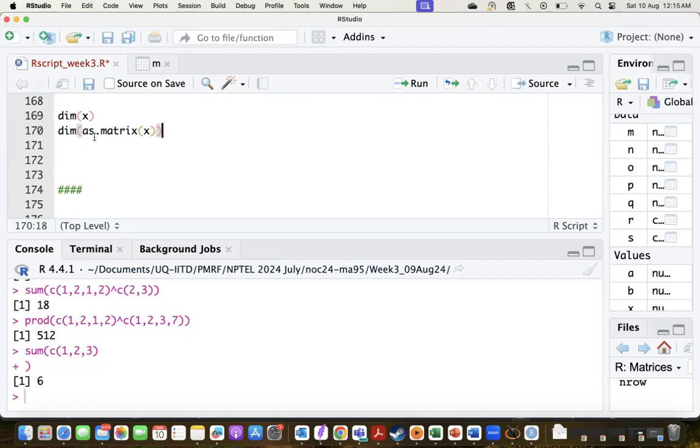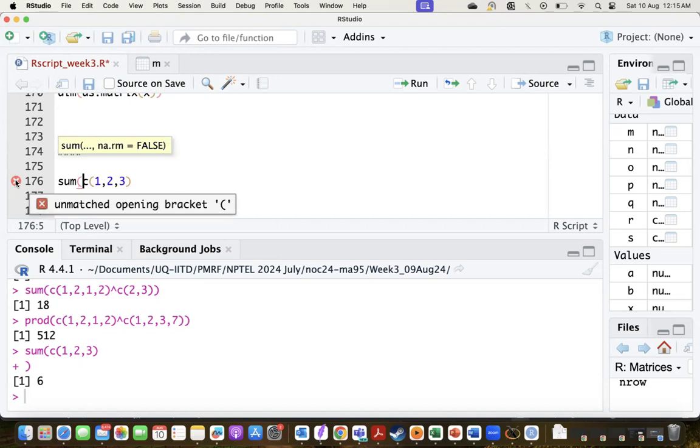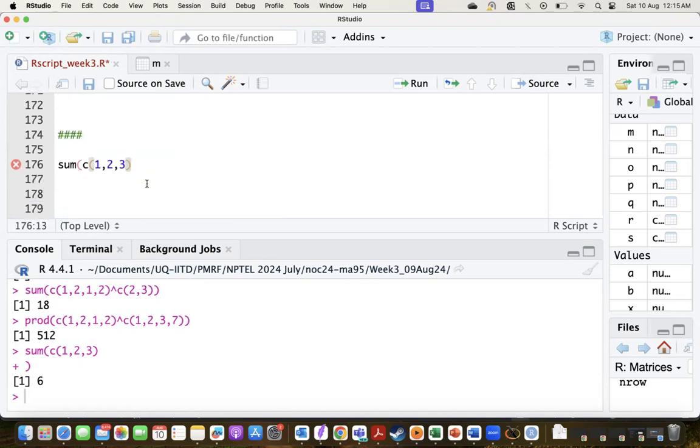Suppose I have written something like this here, you see this bracket is highlighted, but there's nothing corresponding. And R was also going to give you errors that something is missing here, something is unmatched, something doesn't make sense. So you will save on that problem.